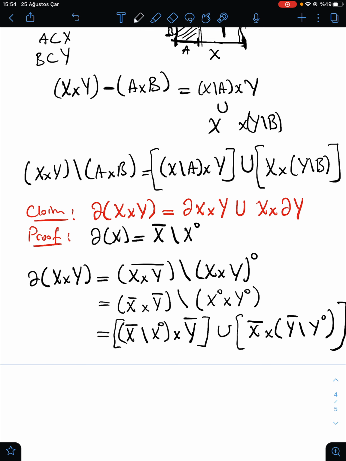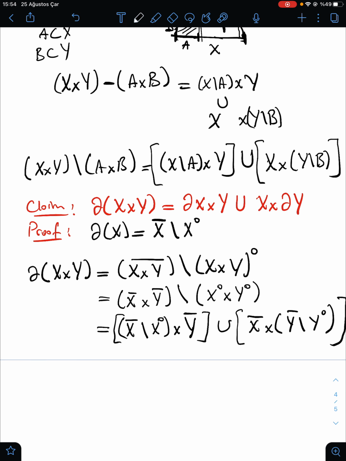By definition these are X's boundary and Y's boundary.